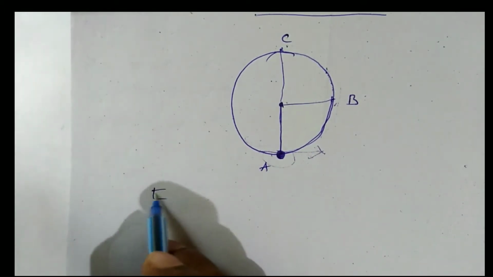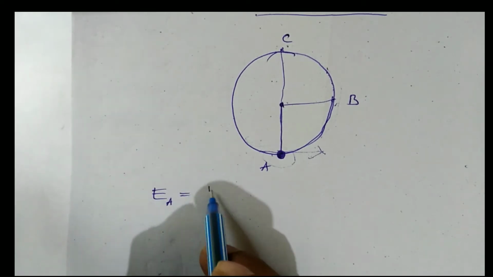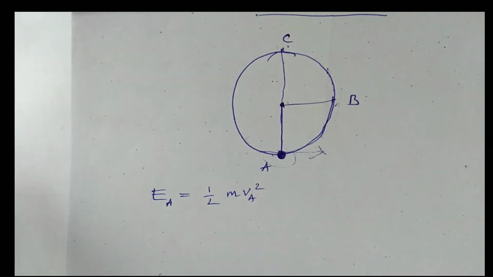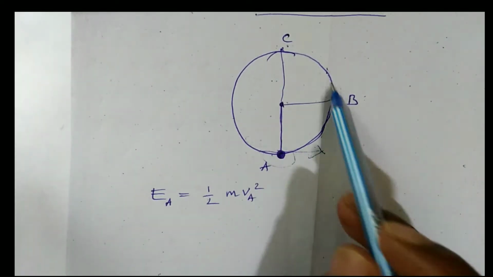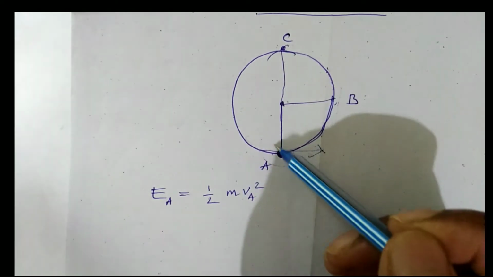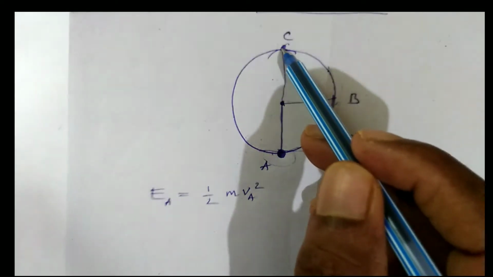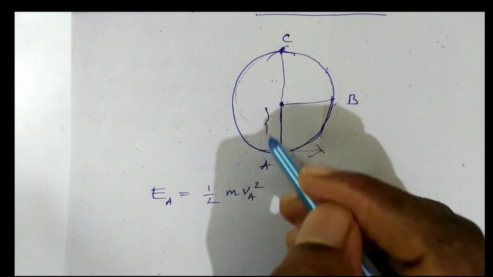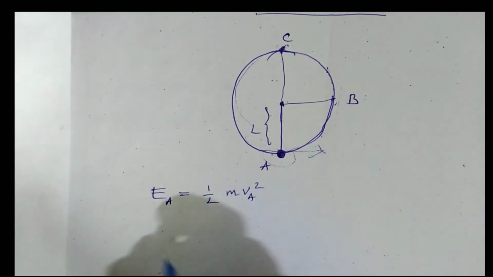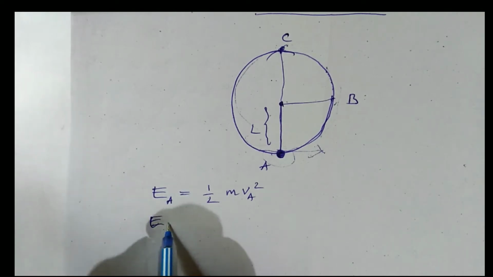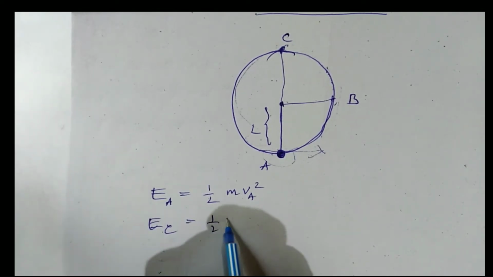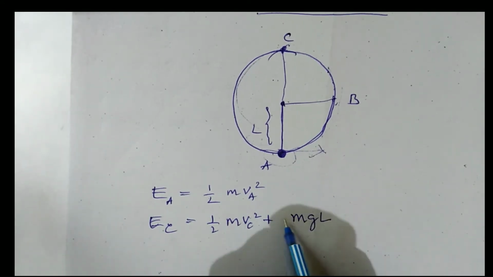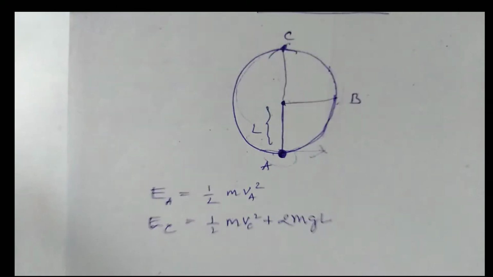So the energy at the start will be kinetic energy, that is half mv_A square. This energy will convert partly to potential energy, and the body retains some kinetic energy so that it just completes one rotation. Say this is the length L, so we can write the energy at point C, that is kinetic energy plus potential energy, where the height is 2L.